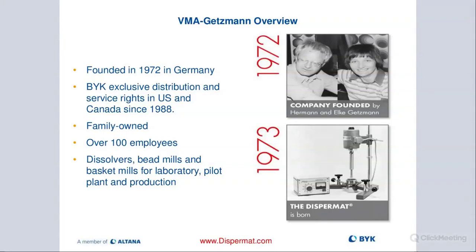And a lot of the people that saw them were like, hey, we would like to also buy a dispermat. So in 1988, we signed an agreement with Mr. Herman Goetzman, the founder, that we would become the exclusive distributor for the product line here in the United States and Canada. So that goes back all the way to 1988. So the company is still in family hands. They have about 100 employees worldwide.